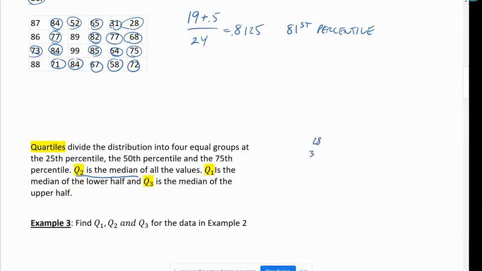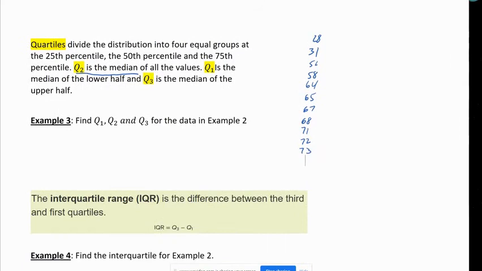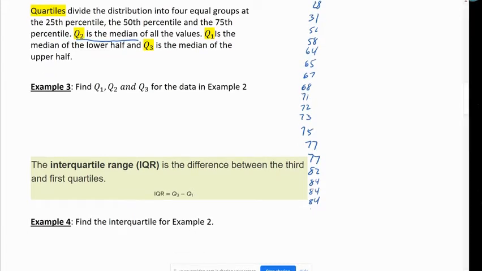So we have 28, 31, 52, 58, 64, 65, 67, 68, 71, 72, 73, 75, 77, 77, and 82, 83, 84, and 85, 86, 87, 88, 89, 99.